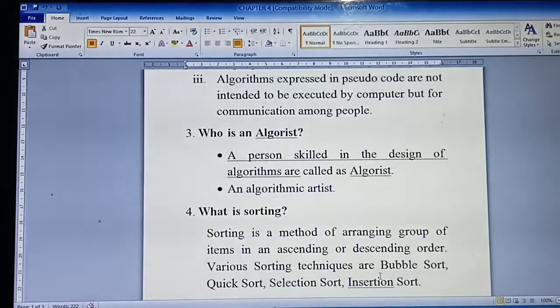Completed. Sorting is a method of arranging group of items in an ascending or descending order. Various sorting techniques are bubble sort, quick sort, selection sort and insertion sort.